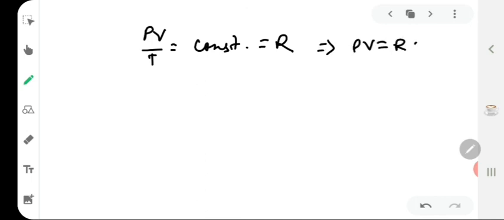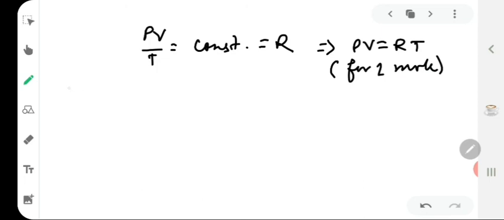So we can write down PV by T equal to constant. Now in this equation, for 1 mole of the gas, the constant is denoted by R. It is called universal gas constant. So we can write down PV equal to RT. This is the perfect gas equation for 1 mole of gas.